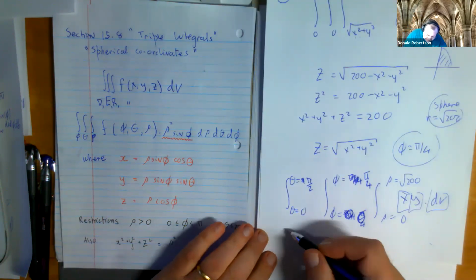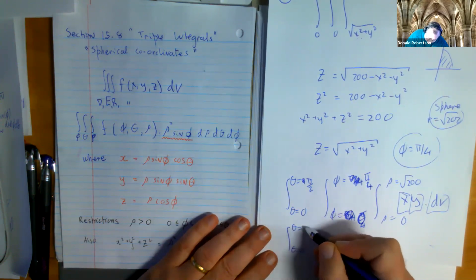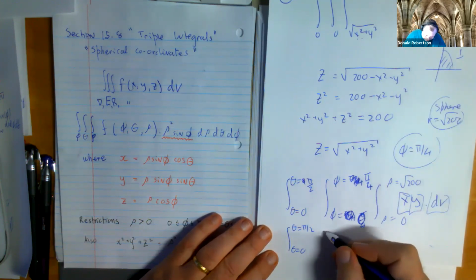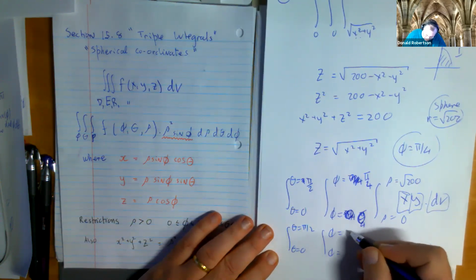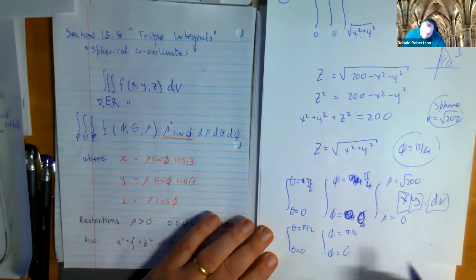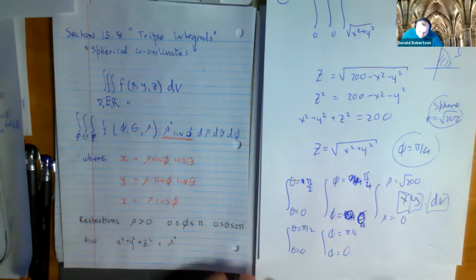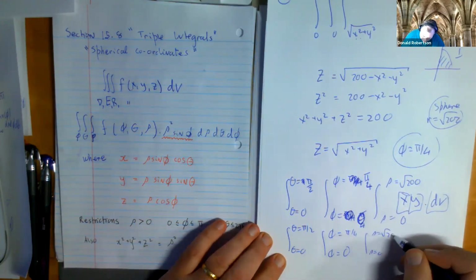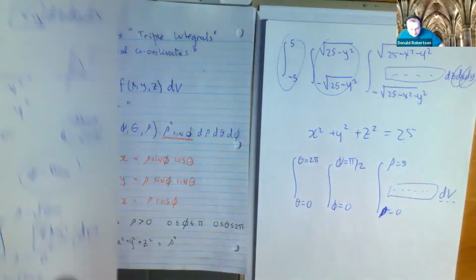I'll rewrite this neatly. This guy, because it's only in the first quadrant. This guy is okay because it does represent only the positive part of the z's. And this guy was okay all the time. So that's the change that I made to 15.